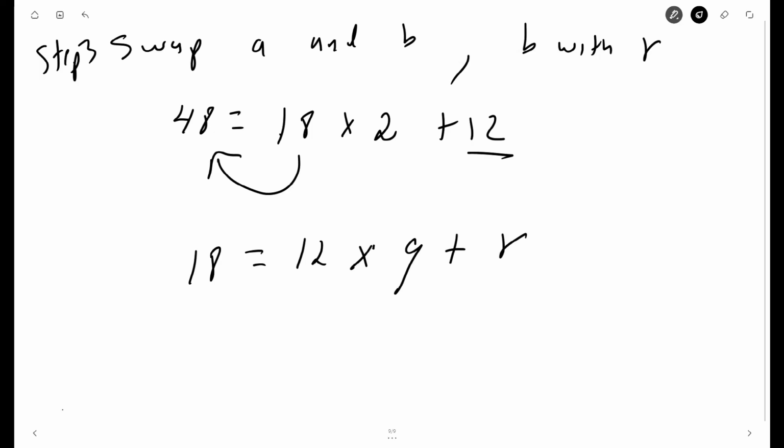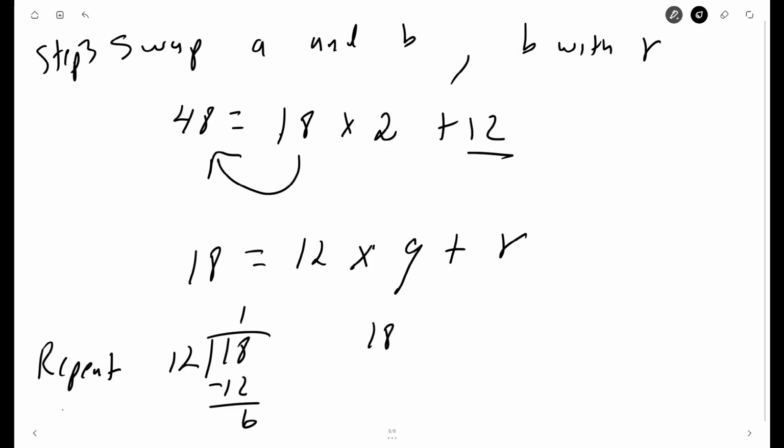Now we're going to repeat. 18 divided by 12, that's going to be 1, 12, 6. So 18 is equal to 12 times 1 plus 6.